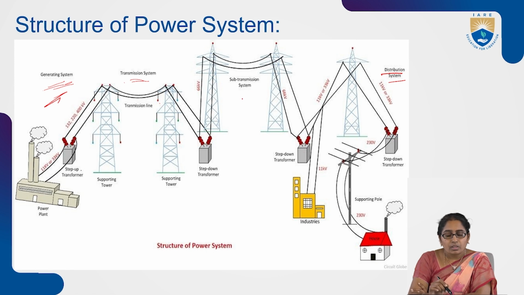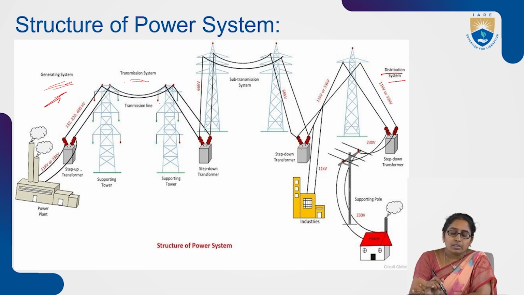The sub-transmitted power then reaches the distribution station, which we call a substation, where the voltage is stepped down to the requirements of the consumer.